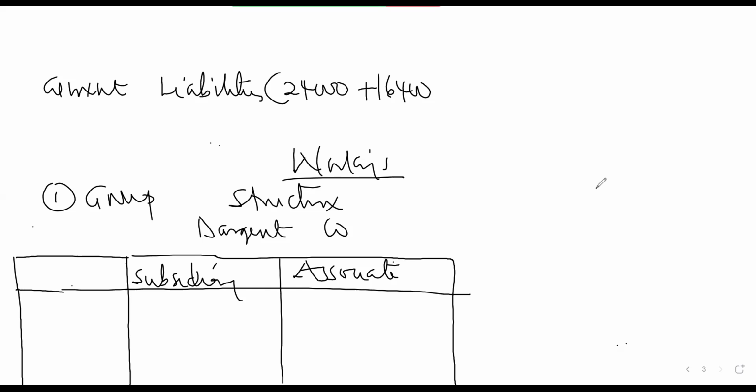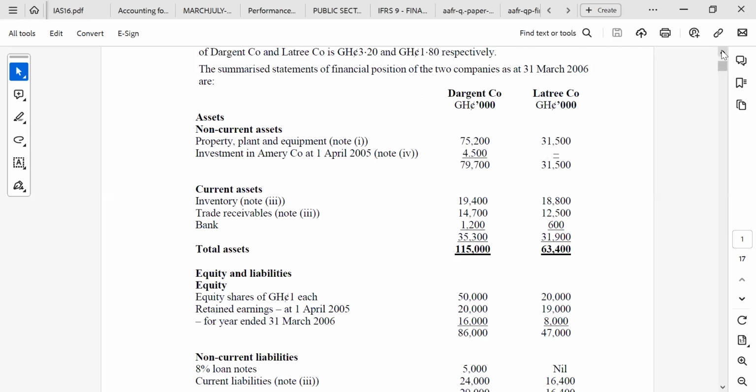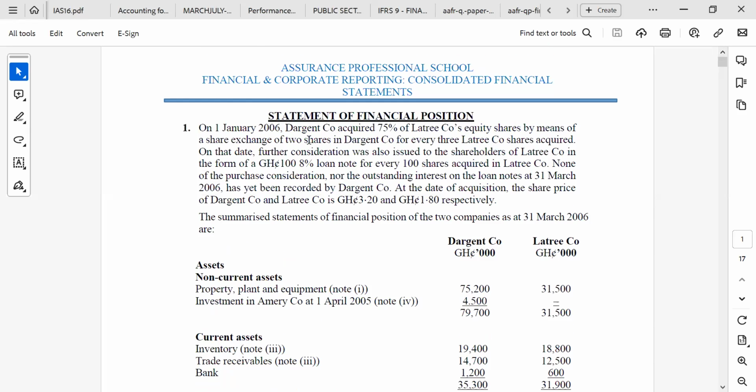So let's come to the percentage holding here. Let's go to the question now. Let's see the holding that the parent is having in each of the two. What is the parent percentage holding in the subsidiary? 75%.